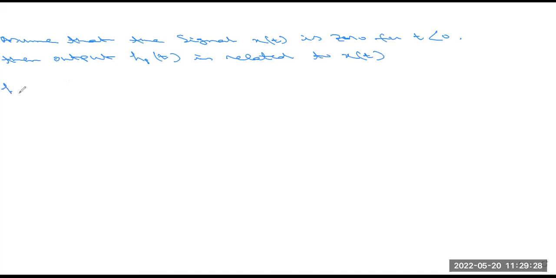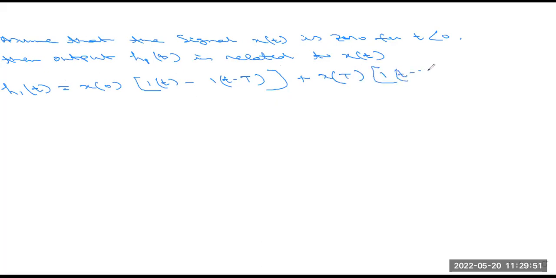So now we have to write this equation h of t. This is equal to x of 0 into 1 of t minus 1 of t minus capital T. This is for the first function, that is k is equal to 0. Then when k is equal to 1, that means x of T into 1 of t minus capital T minus 1 of t minus 2T.